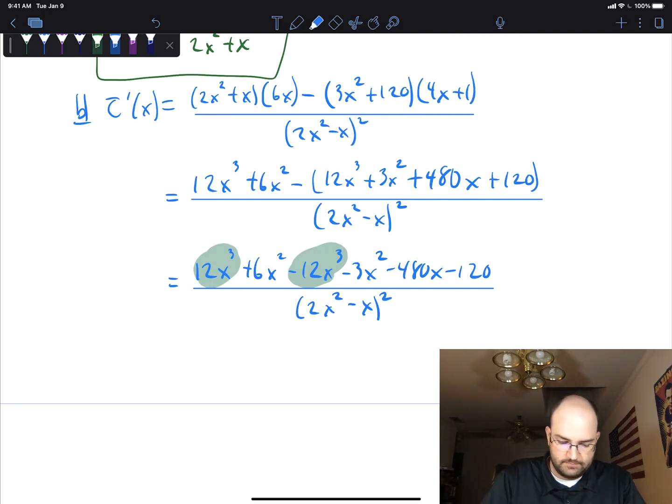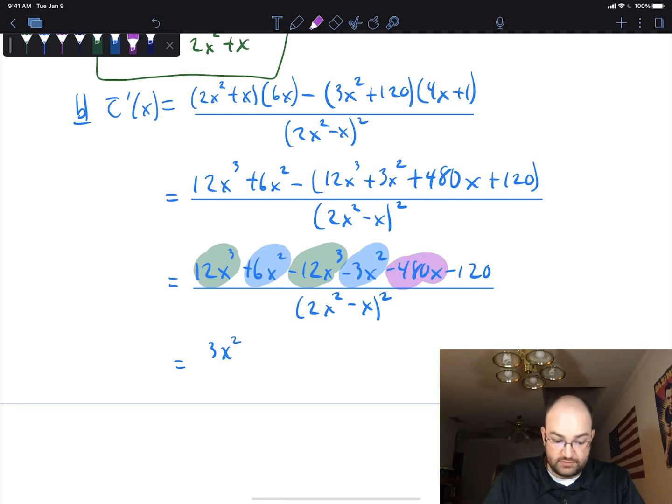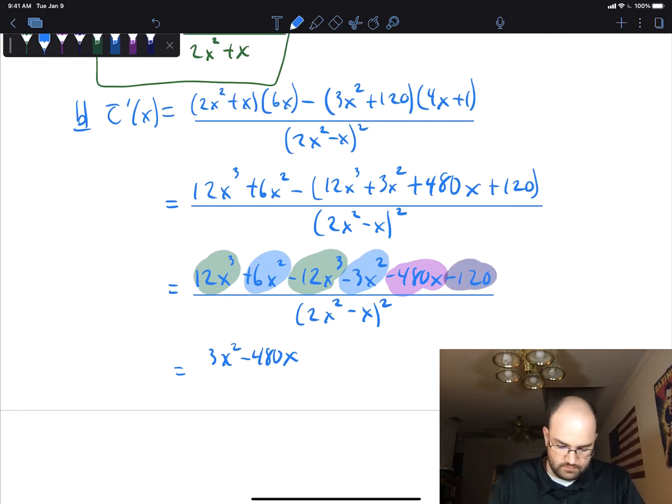It's fantastic. 6x squared minus 3x squared becomes positive 3x squared. Then we have negative 480x, and minus 120 at that point, all over 2x squared plus x, squared.